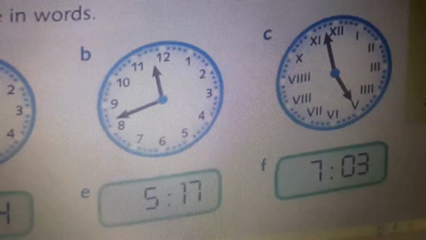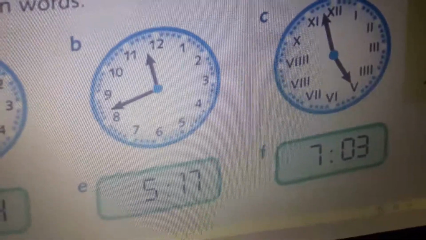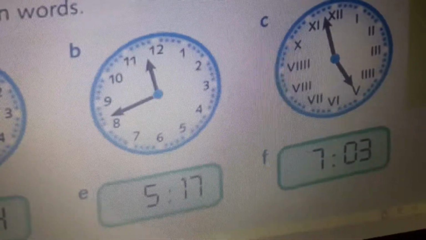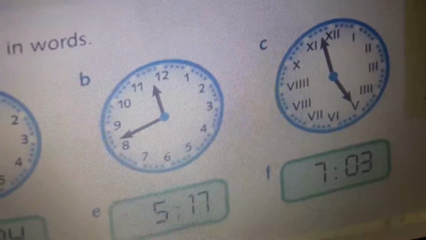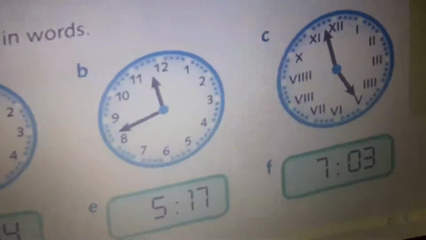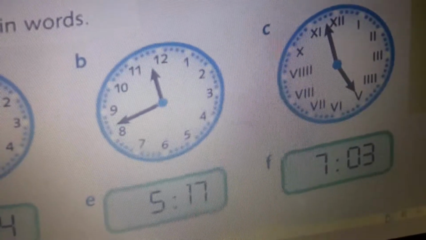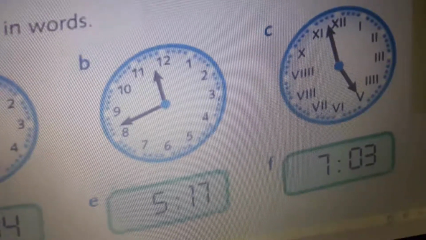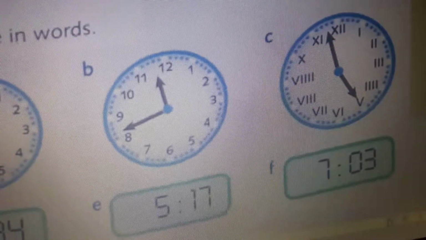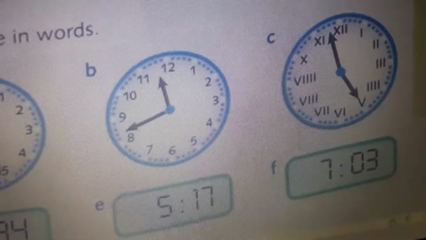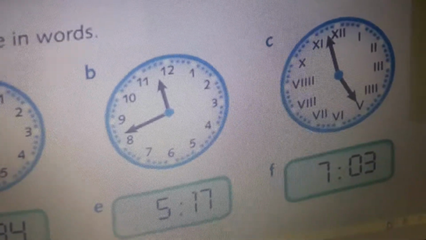So we count the minutes from the left hand side. On the 11 is 5 minutes, on the 10 is 10 minutes, on the 9 is 15 minutes, after the 9 by 3 dots, so it will be 18 minutes. So 18 minutes to, and we are going to take the big hour.